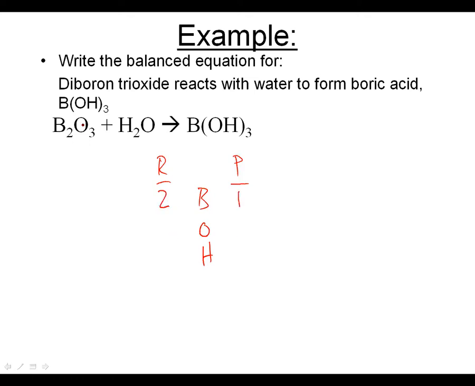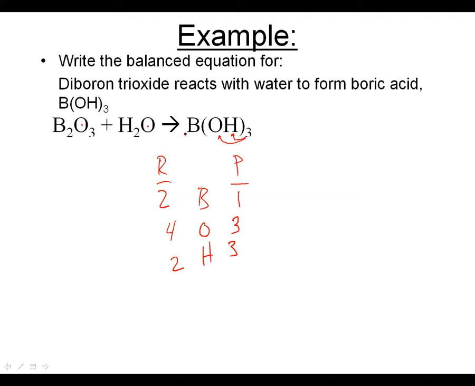Left-hand side, we have 3 oxygens, plus 1 more, gives us 4. And on this side, we do need to distribute this number into both of them. So the oxygen would be 3. Hydrogen on the left is 2. Same deal, we're going to distribute that number in. Gets us 3. In this particular case, not much to work with.